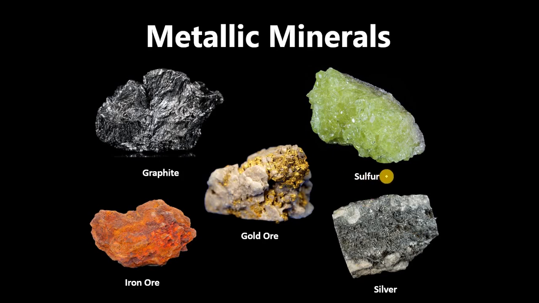And then the sulfur, medyo mabaho pero antifungal agent ito, guys. Silver, of course, is an excellent conductor of electricity, and the iron ore, medyo rusty na yung color niya because of the oxidation. The iron interacted with oxygen, kaya parang rusty yung iron ore pag nakikita natin in nature.